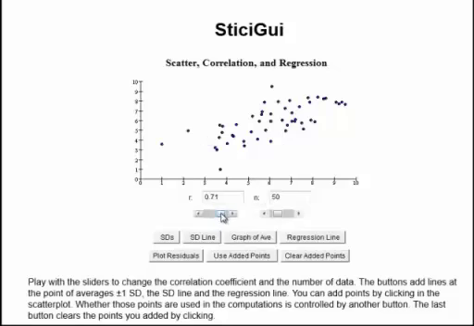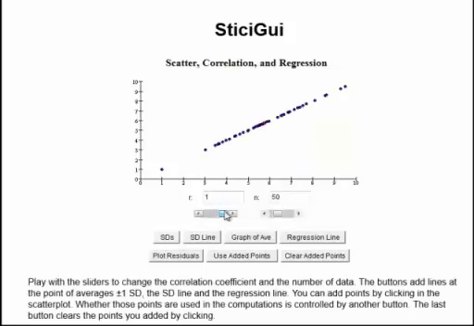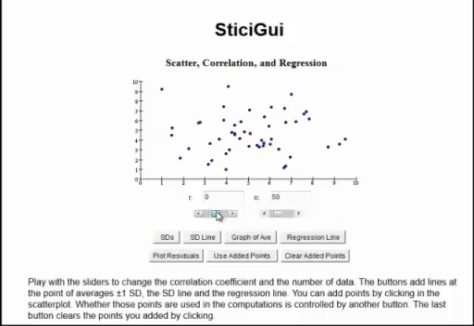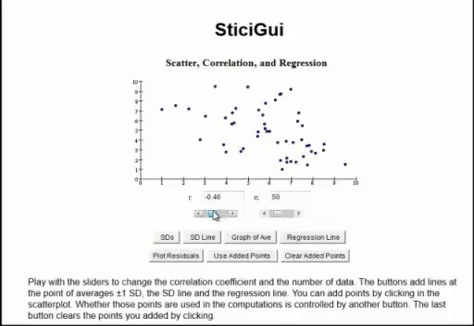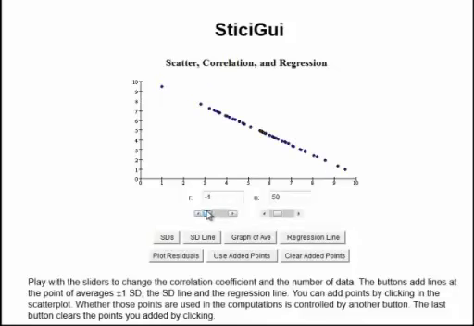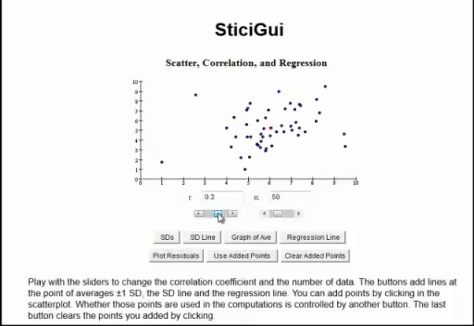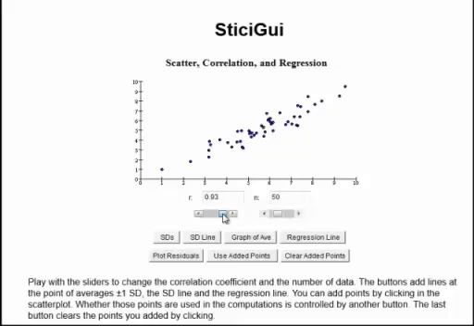If we increase it all the way, look, if it's a perfect 1, then we know that as much as we might increase x, y increases exactly the same way. And then likewise, we can go kind of back through here. Notice they don't look affiliated at all. Go all the way back, and now, wow, now they're negatively correlated. So this is just a neat little plot to show you the relationship between these various correlation coefficients and how the data actually look in comparison with one another.